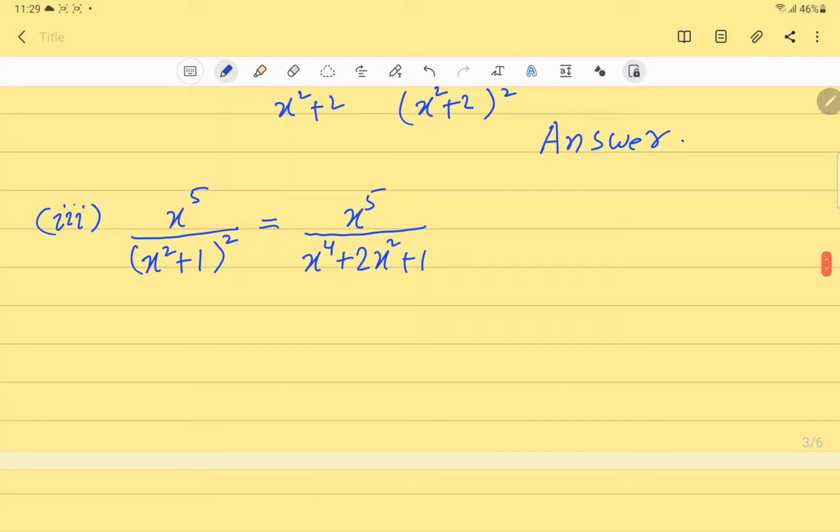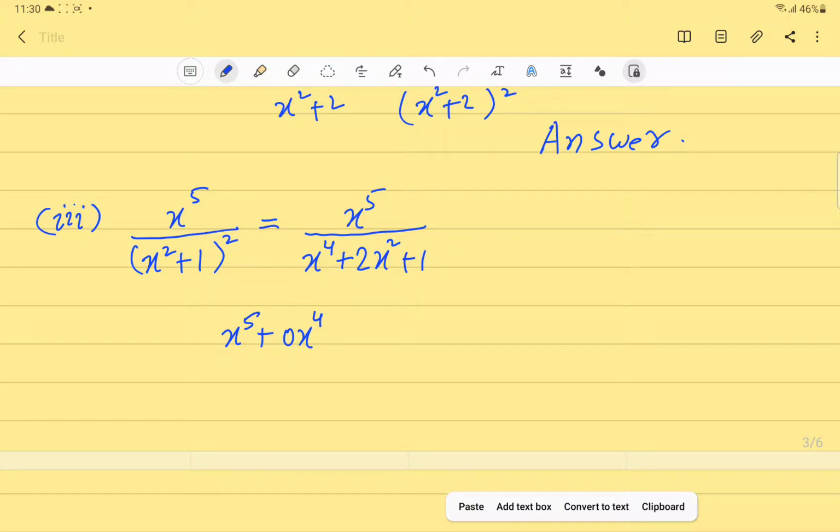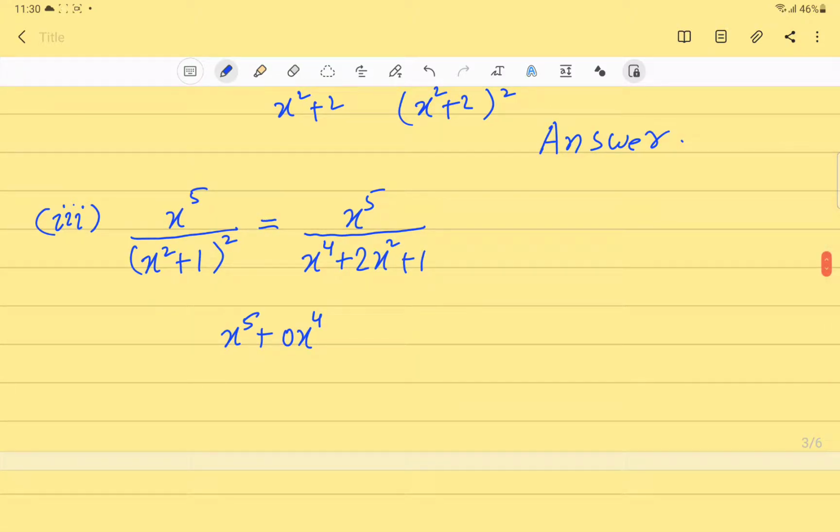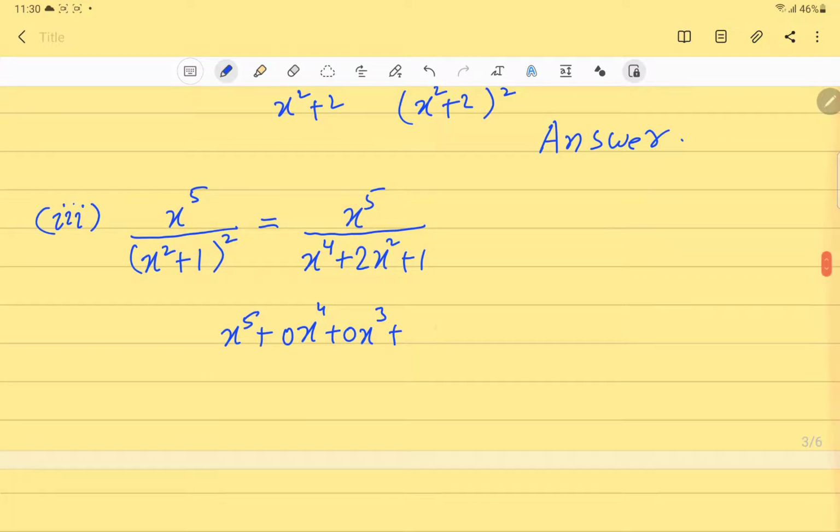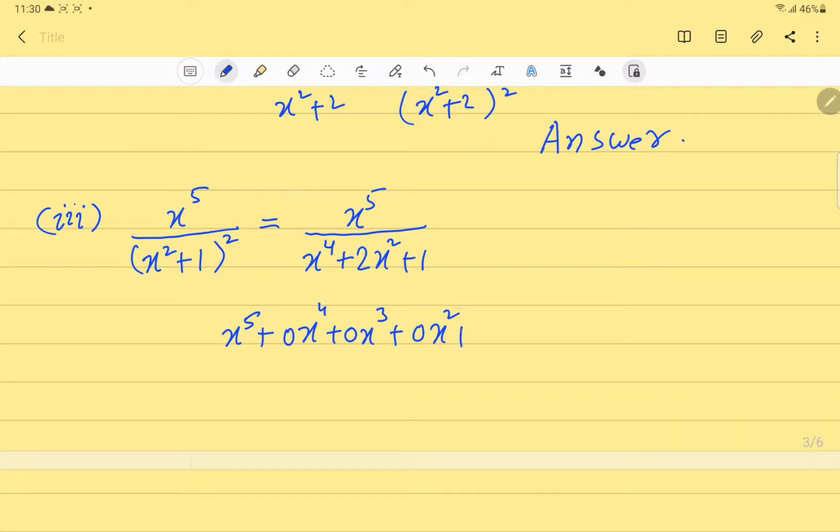So let's divide it. x^5 will be inside, then 0x^4, 0x cube actually, because we don't have that, or we can write 0x^4 also plus 0x cube, then 0x squared, 0x plus 0.